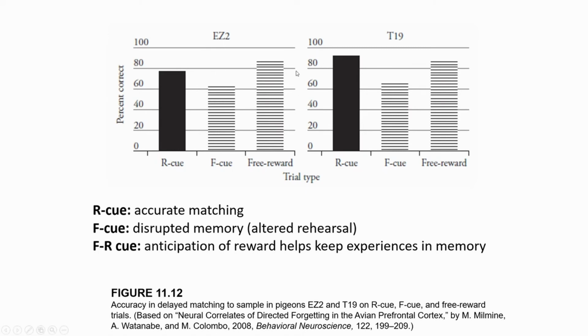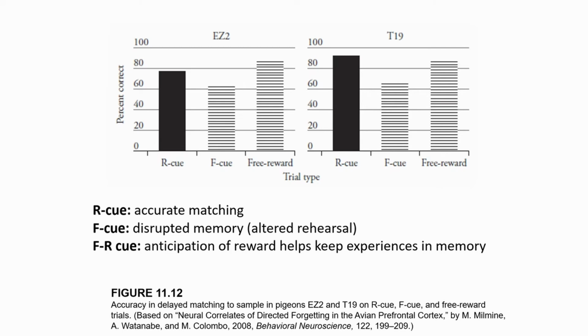And really interesting, with our free reward probe trials, we saw fairly high, fairly accurate performance, and that's because the anticipation of getting a reward helped them keep that experience in their memory. So that introduction of food also led to better performance.